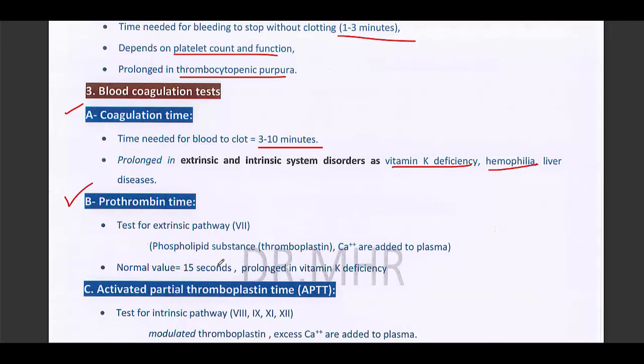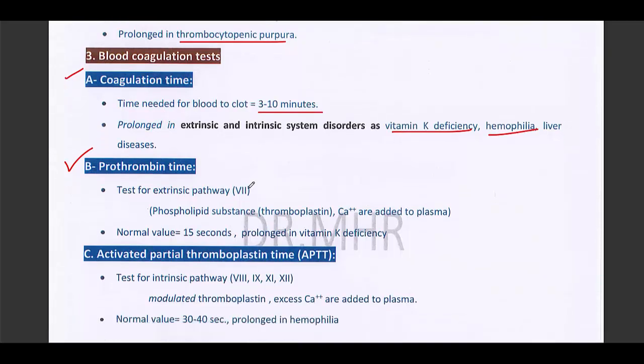The second test is prothrombin time, specifically for the extrinsic pathway. The extrinsic pathway, as we learned, is the fast pathway. Thromboplastin, a phospholipid substance, and calcium are added to plasma. Normal value is 15 seconds, and it is prolonged in vitamin K deficiency.